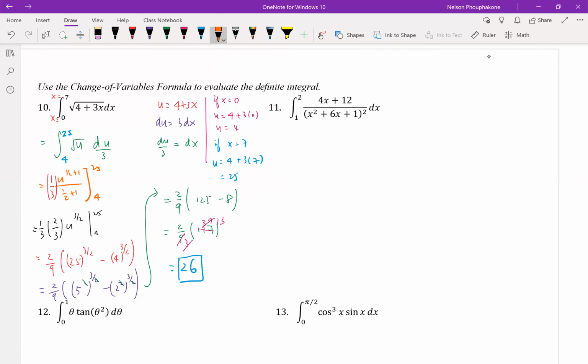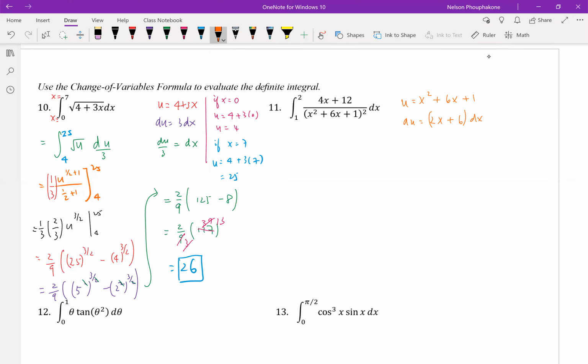Okay, so for this one, of course, I would like to let u equal x squared plus 6x plus 1. Right? And du will be 2x plus 6 dx. Now what I need is I would like to create a 4x plus 12, which is double this number right here.